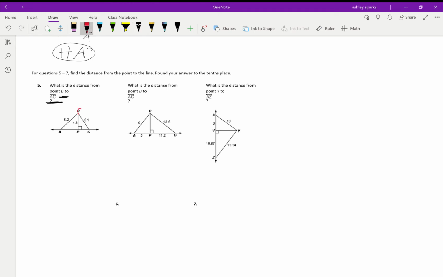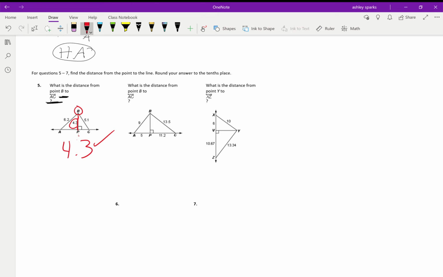Well, here's B. If I'm going straight to AC, that's this line here from B, P. That's our distance. So I don't actually have to do any work here. The answer is right there. From B to AC is 4.3. Check mark, done.